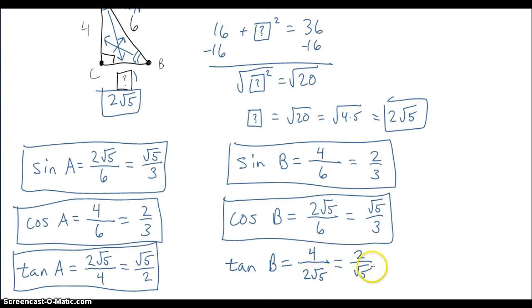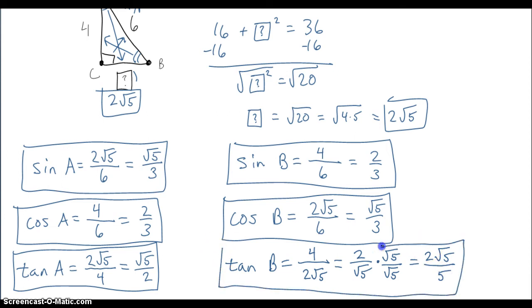Now I need to rationalize my denominator by multiplying top and bottom by the square root of 5. 2 times the square root of 5 is 2 square roots of 5. The square root of 5 times the square root of 5 is just 5. So the tangent of B is 2 square roots of 5 over 5.